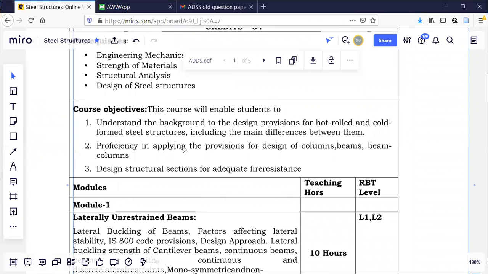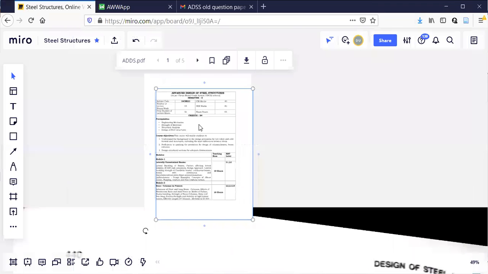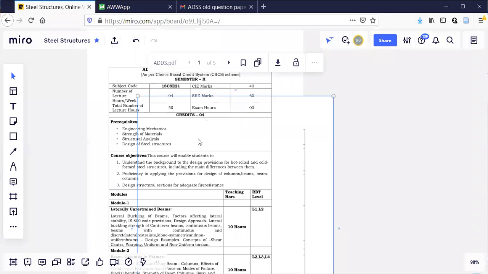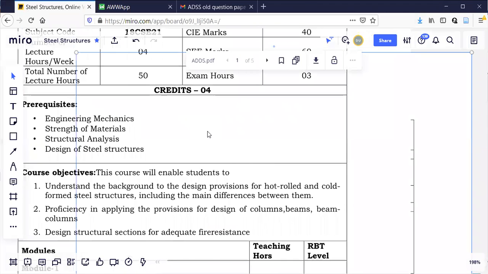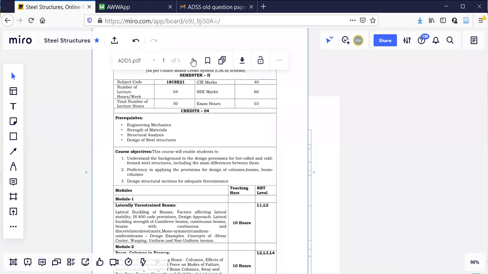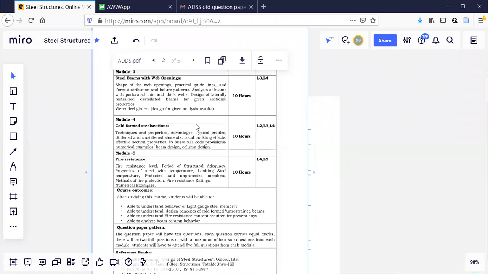I checked it. I'll go to the next page because I have both in a single PDF file. I'll show you the 20 series syllabus, then I'll start one simple example here.